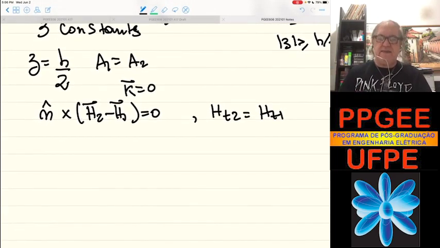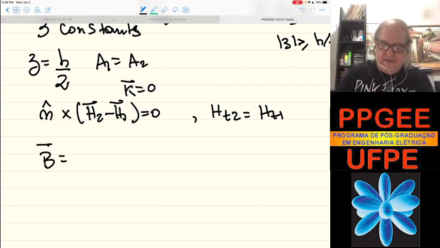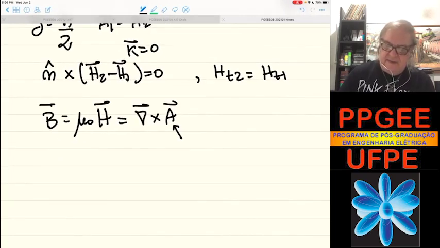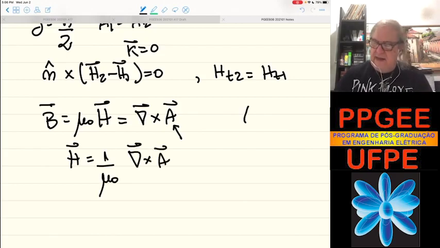How do we obtain this? Well, B equals mu 0 times H everywhere, right? And B is the curl of A. So from A we can determine H. H equals 1 divided by mu 0 times the curl of A. A has only an X component that depends on Z, A_x.